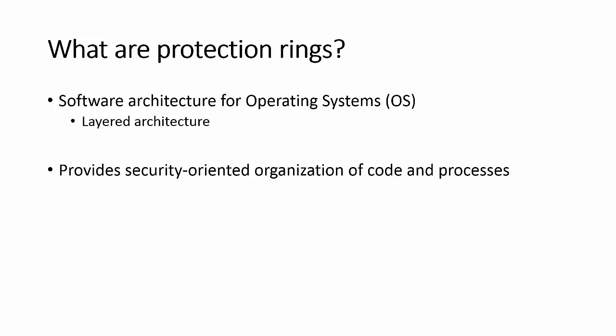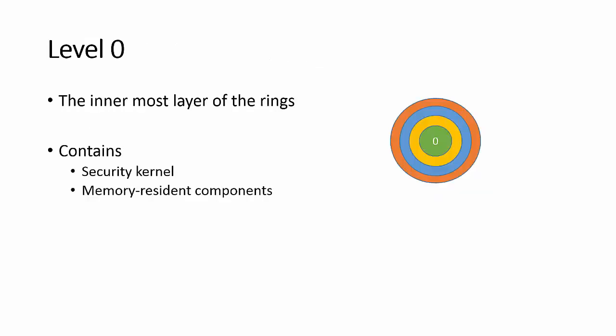So we have multiple layers of code or application processes in the manner of layers, and you can also look at it as a set of rings. So that's why it's called protection rings.